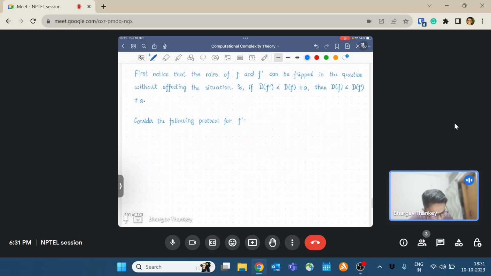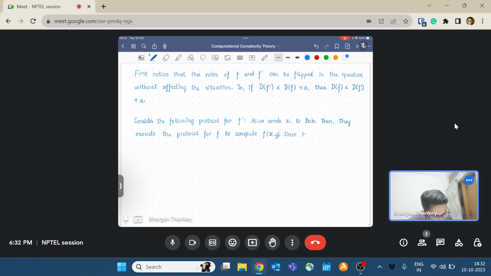So the protocol is this: Alice sends x1 to Bob, then they execute the protocol for f to compute f(x, y).